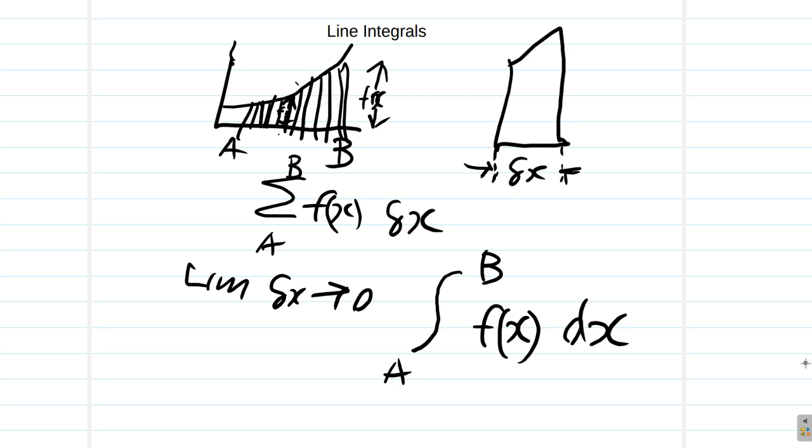So with integration, you're summing up a number of small pieces, and as those pieces get smaller and smaller, they are approaching 0. The number of them gets larger and larger, approaching infinity. So that's integration.